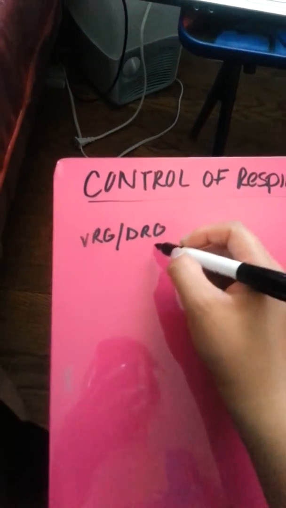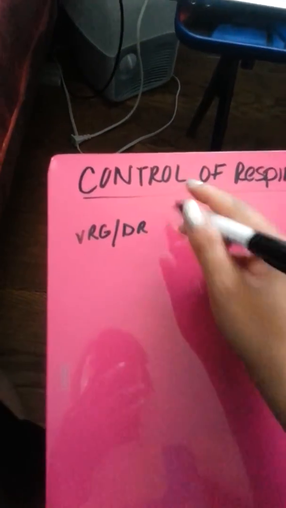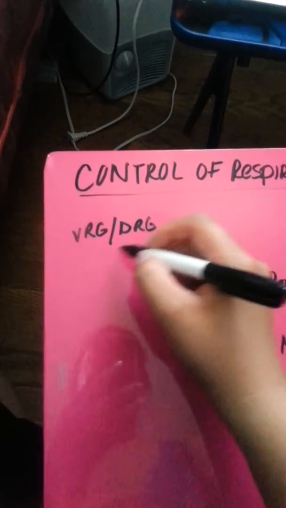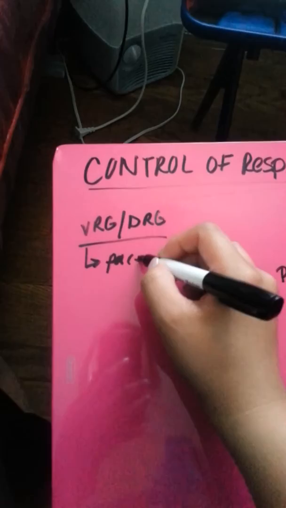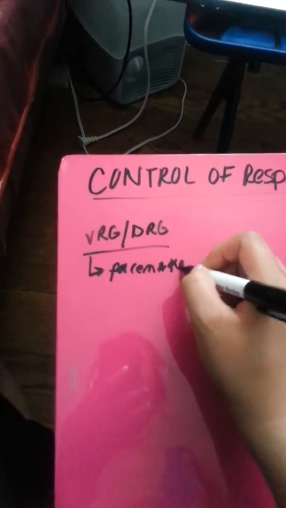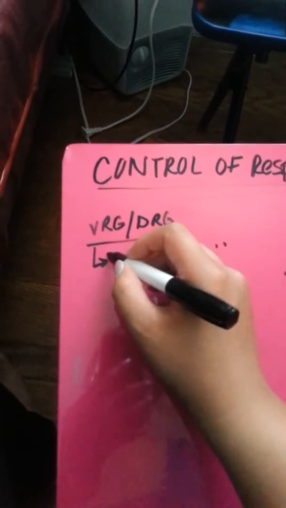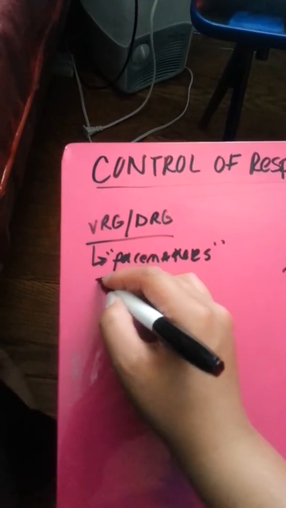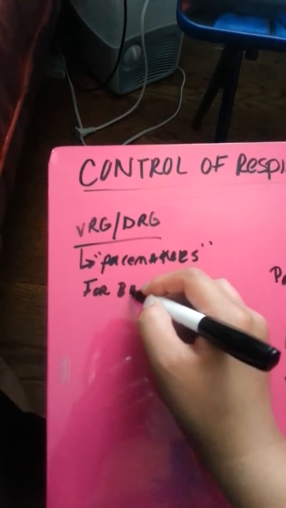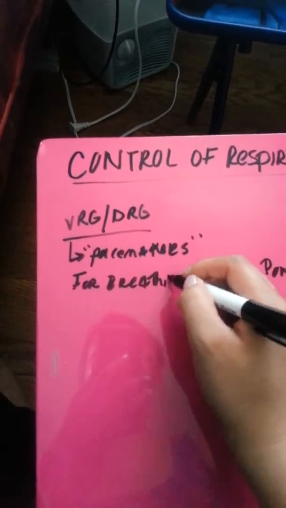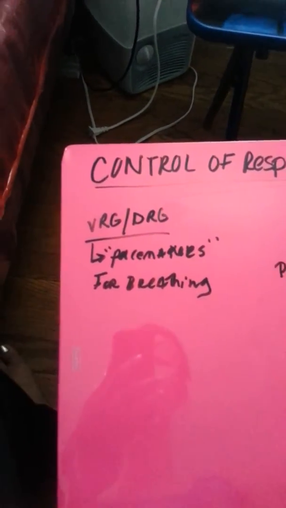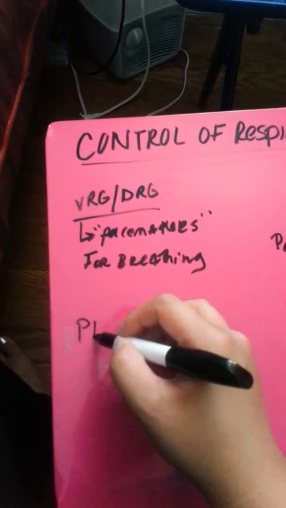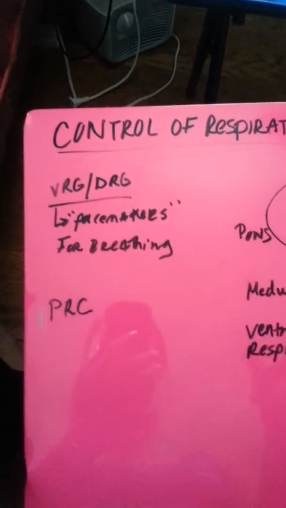A quick thing is the VRG and the DRG, they are the pacemakers. Let me fix this G right here. These two right here, they're the pacemakers for breathing. In the pontine respiratory center, I'm just going to put PRC, because my board is small.